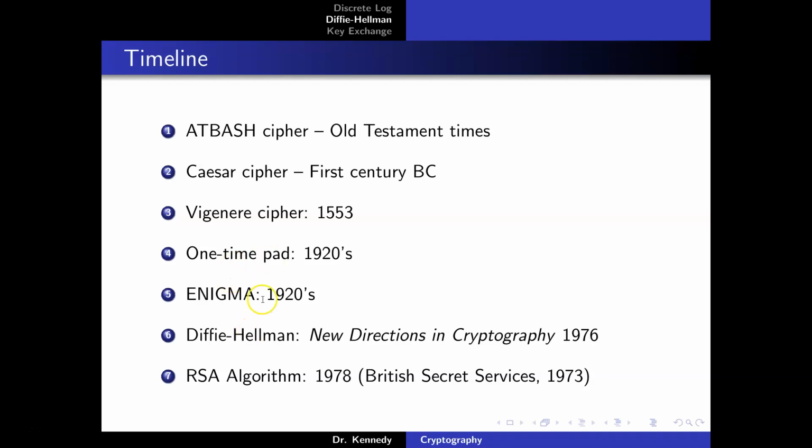We haven't talked about the Enigma machine yet, and I'm not certain we're going to get a chance, but hopefully we will. This came out in the 1920s, clearly lasted through the Second World War, at which point it had been discovered to be actually quite weak. But that brings us to item number 6, new directions in cryptography.